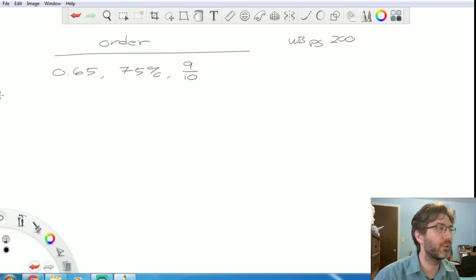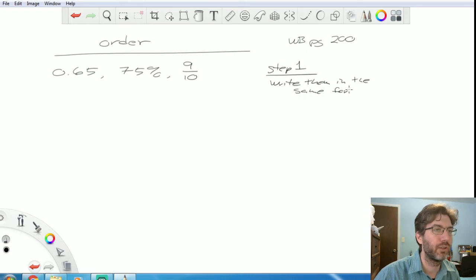So step one is to write them in the same form. It really doesn't matter which form you like. If you like fractions, write them as fractions. If you like decimals, write them as decimals. If you like percents, write them as percents.